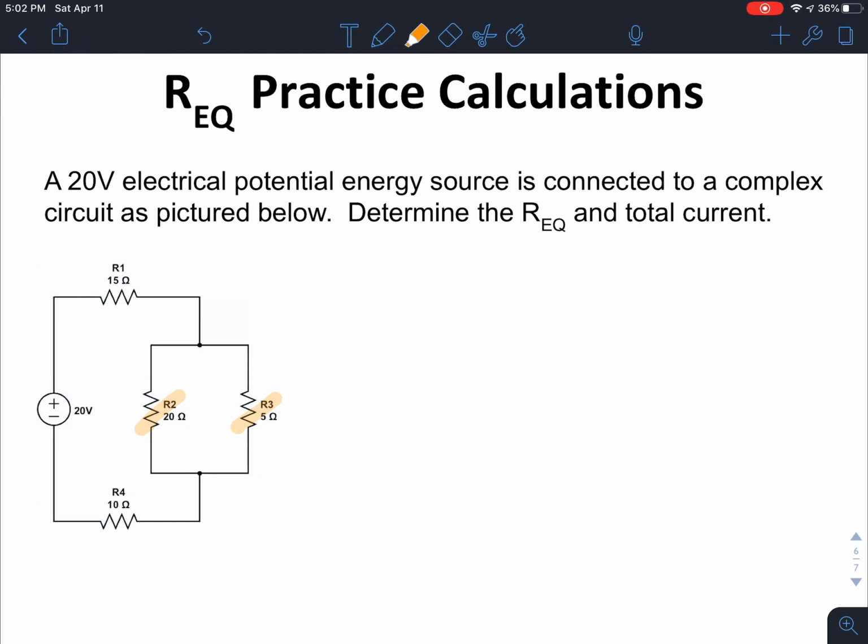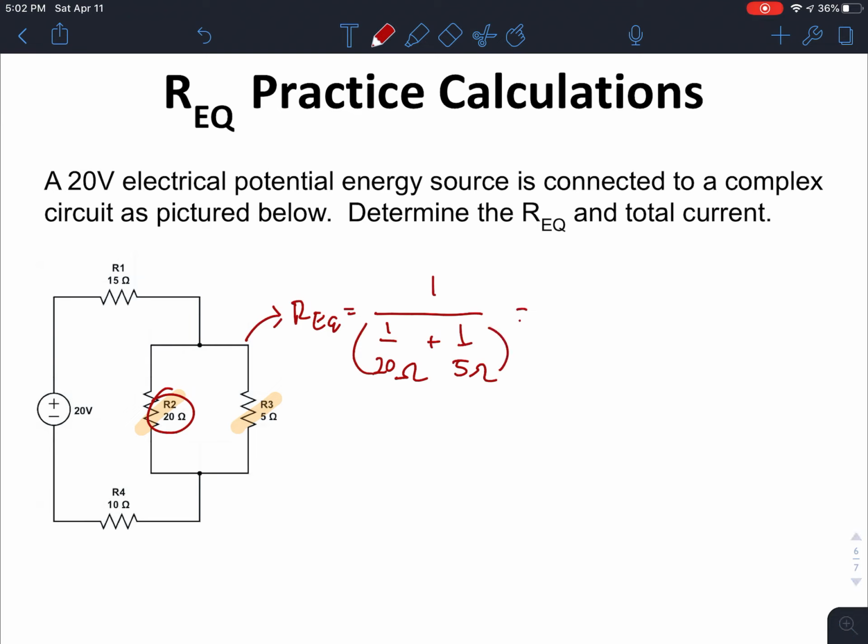So how would we find and calculate the total resistance or equivalent resistance of this circuit? We're going to have to use both rules. First, let's take this part and figure out what that is. The equivalent resistance of that will be equal to 1 over, 1 over 20 ohms plus 1 over 5 ohms.